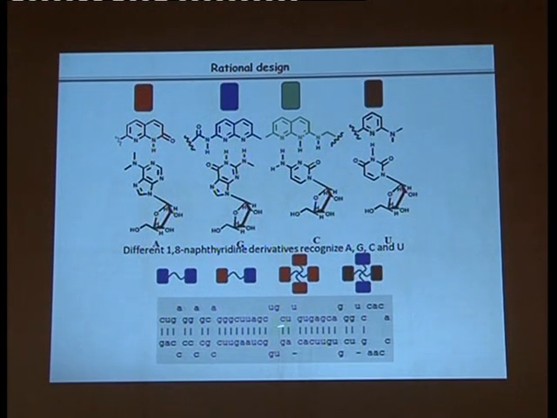That means if you know the particular microRNA sequence, and you know which bases are paired and which are not paired, then theoretically you can stitch them in such a way that you can target this region or maybe another region, whatever you would target for a particular microRNA.